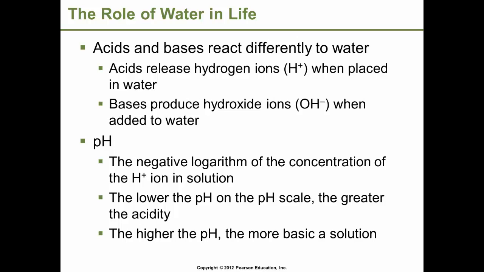Acids and bases react differently to water. Acids release hydrogen ions when placed in water, whereas bases produce hydroxide ions when added to water. pH is the term given to the negative logarithm of the concentration of hydrogen ions in solution.